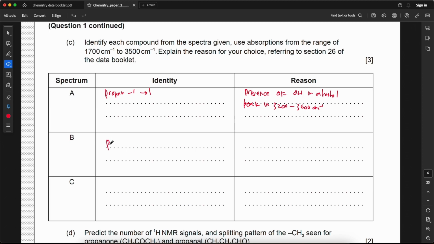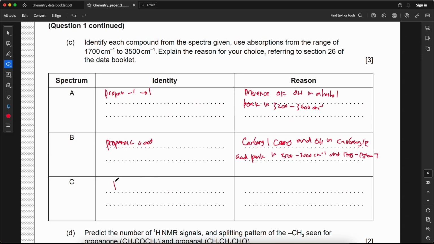The second one is propanoic acid. So there is carbonyl, C double bond O, and OH in carboxylic acid, peak in 2500 to 3000 and 1700 to 1750.